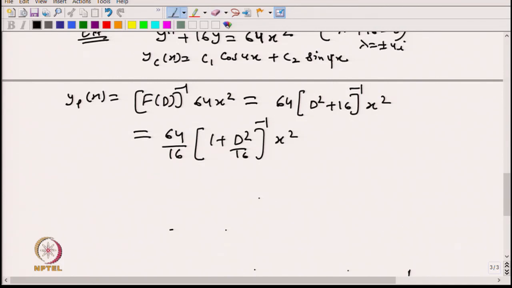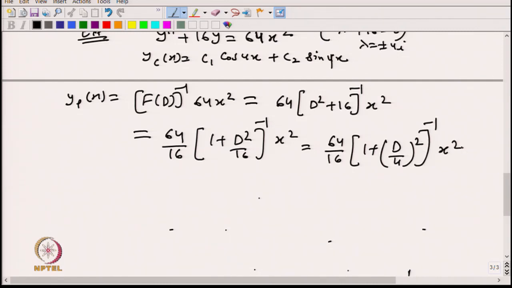This further can be reduced, and this can become 64 by 16, 1 plus D by 4 square inverse x square. Now, this one I can solve with the help of the binomial expansion. I know that the binomial expansion of 1 plus x raised to power minus n, or plus n, I can do with any value of n.